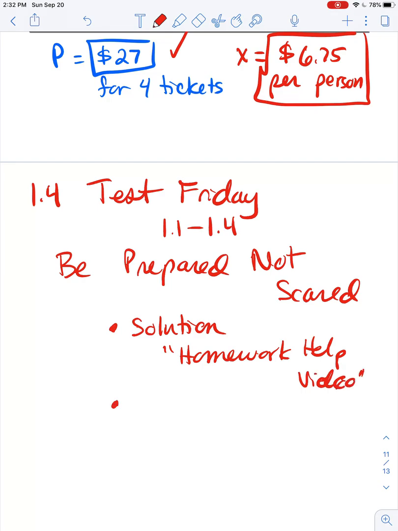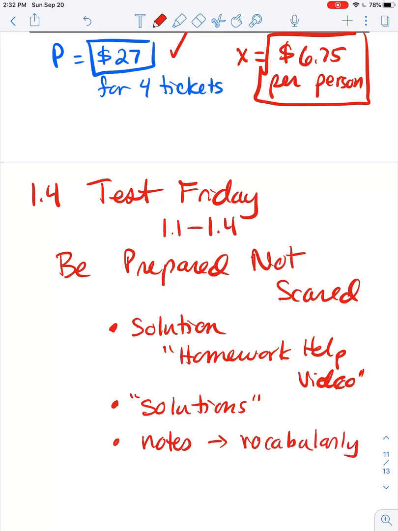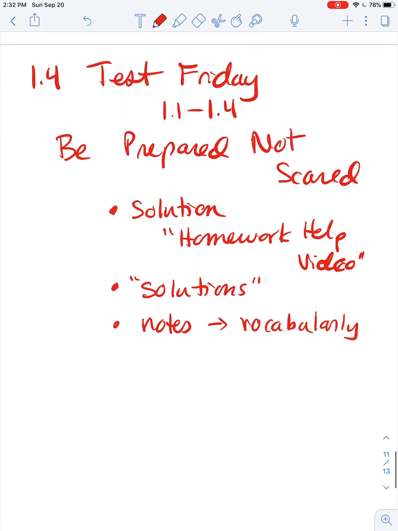The other thing you can watch is the solutions page that's posted each day after. So if we do 1-1 on Monday, then you'll see the 1-1 solutions on Tuesday, the following day. Look through that. You might want to look through your notes, taking a look at any vocabulary, making sure that you understood the examples we did and so on.